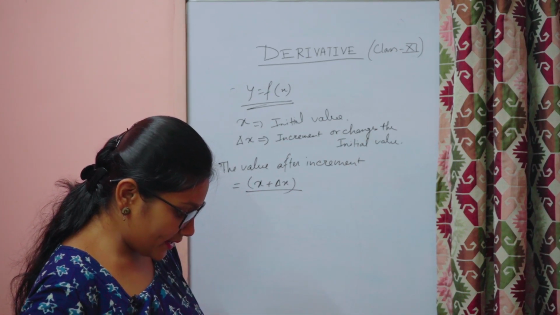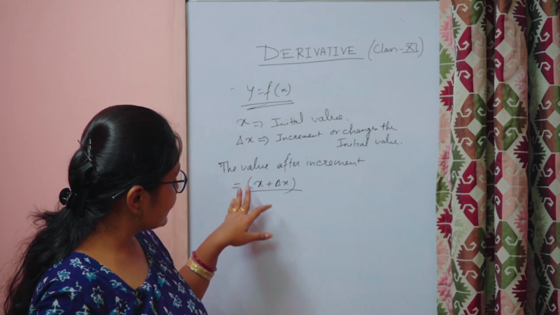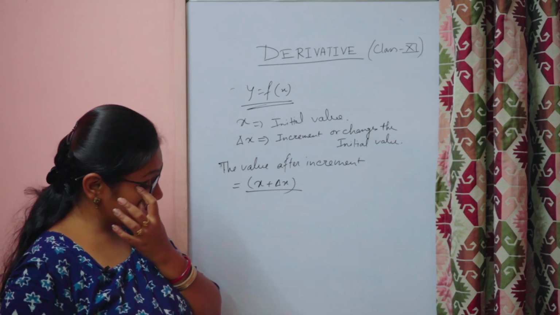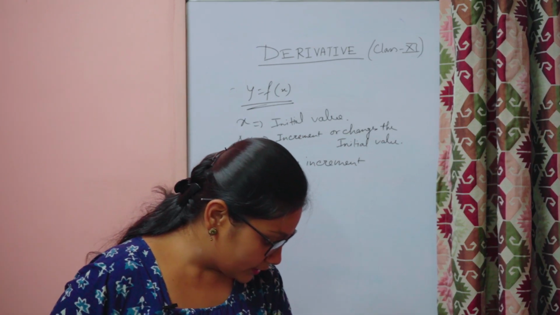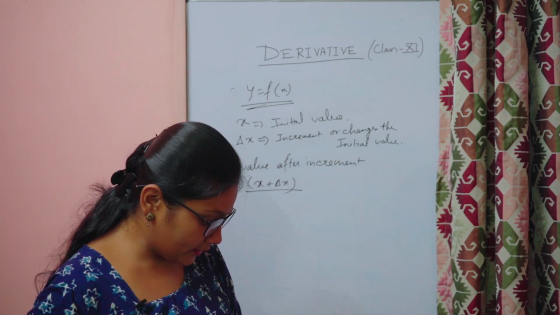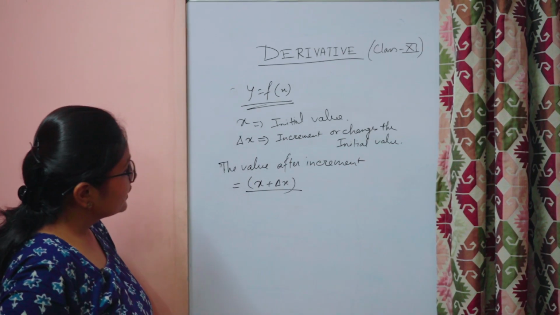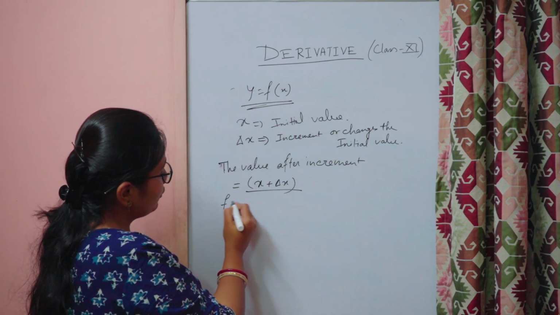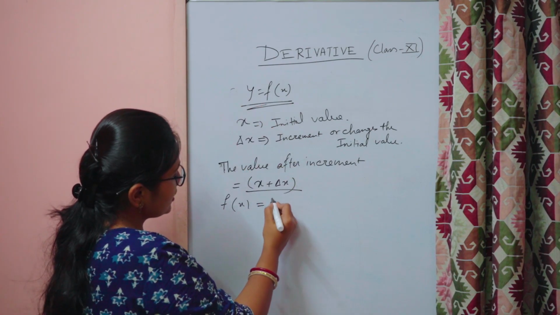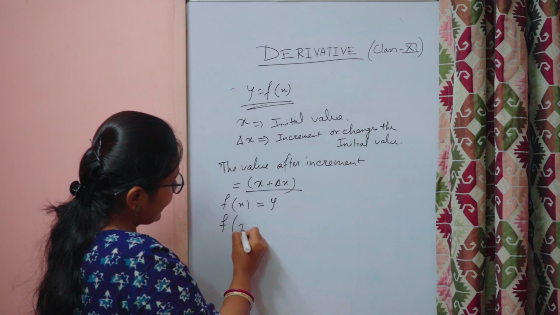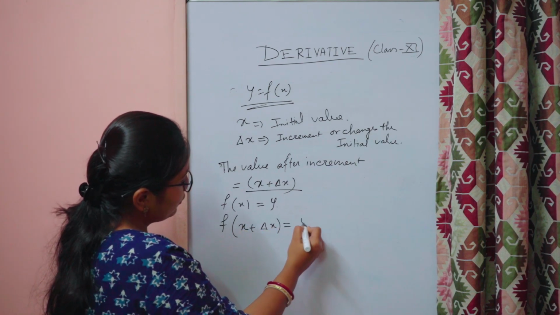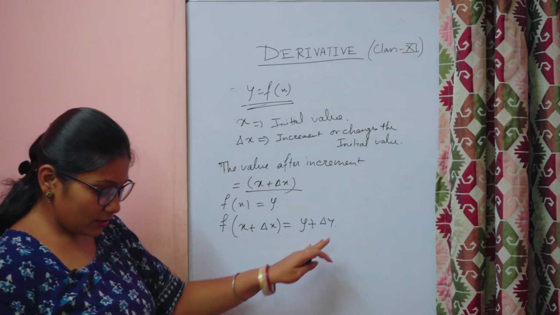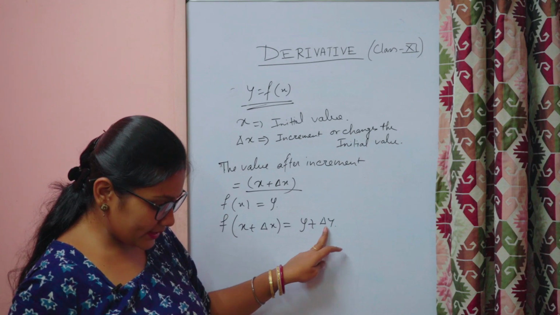Now the final value for corresponding y will be: for value x the value of this function is y. Now for value x plus del x the value will be y plus del y. So changes will happen in this function also. Hope it is clear to you.